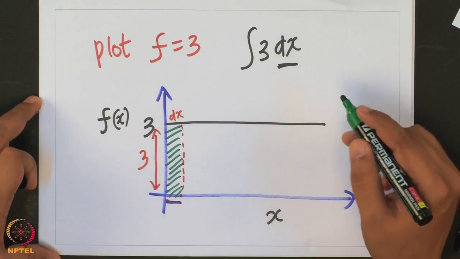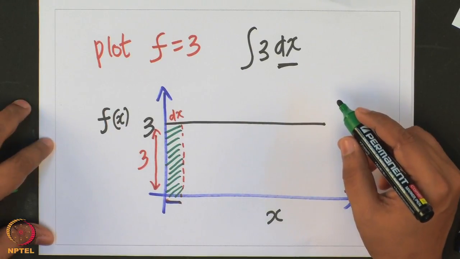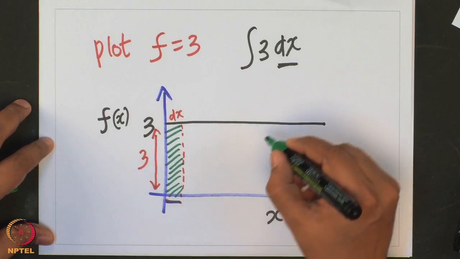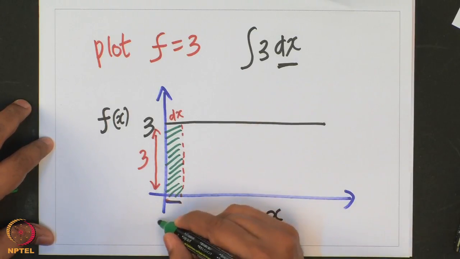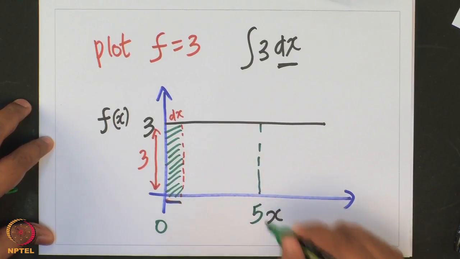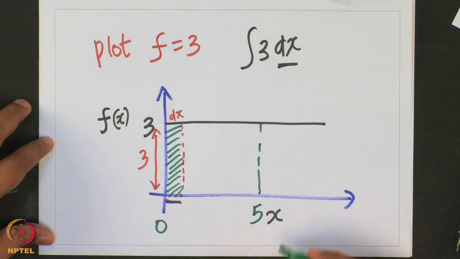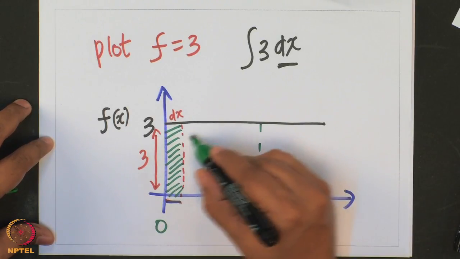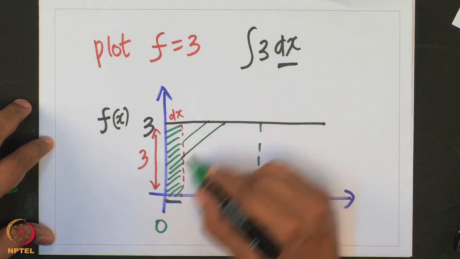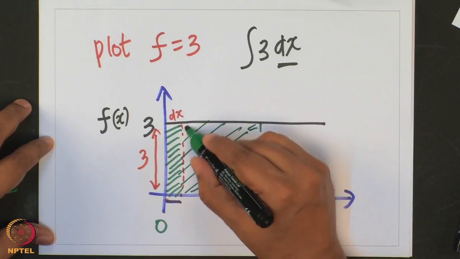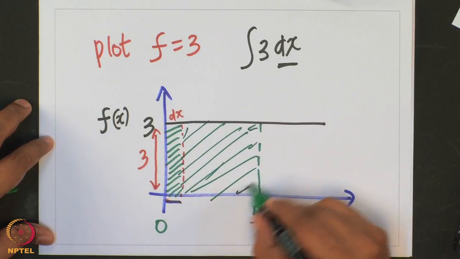Now integral 3 dx is essentially summing this area. So if I calculate this area from, let us say, 0 to some point x, which is 5, that is this total area, the whole green shaded part.